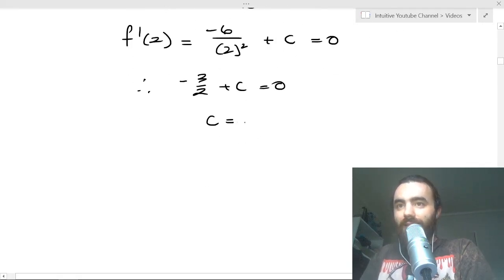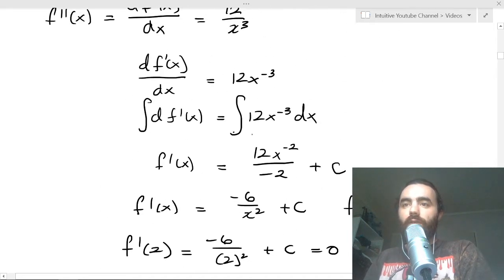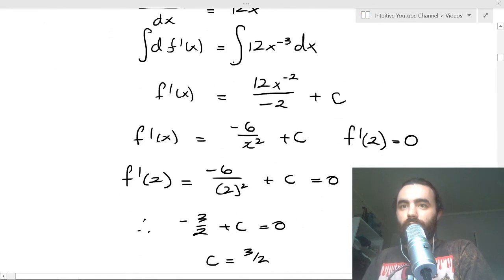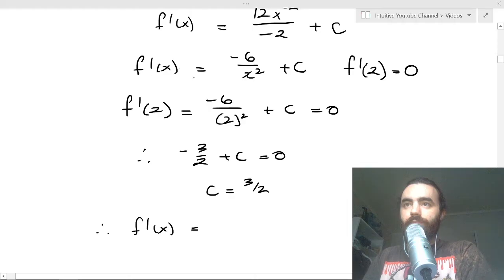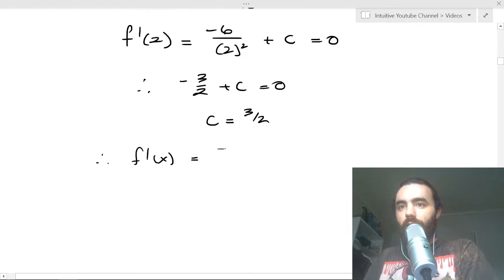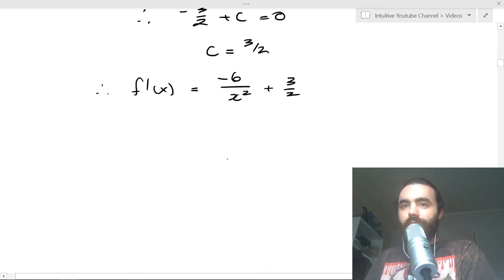So therefore our c equals 3 over 2. So now we have an equation for the derivative of f of x, which is minus 6 over x squared plus 3 over 2.